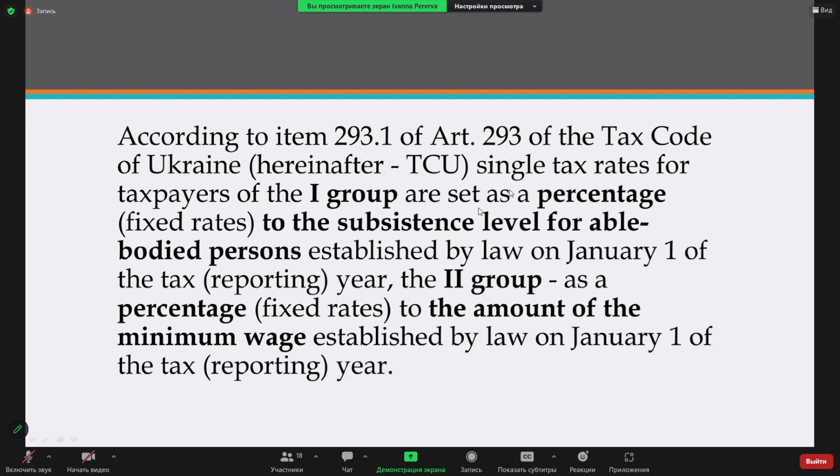So you have to pay attention: are you in the first group? In this case you will pay taxes from the subsistence level or from your minimum wage. Of course, if you pay more, it's not a big problem, but if it's less, you will have some additional penalties.